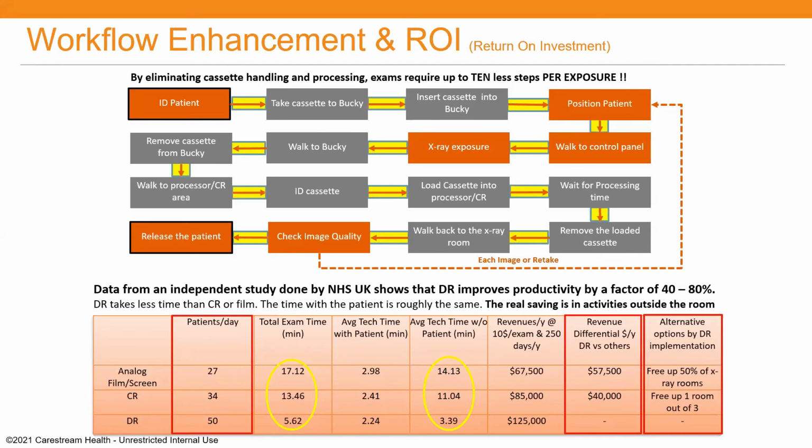Even if you want to be more conservative and invest on the CR side, you see from the difference here of 85,000 versus 67,500 that you have a benefit of $17,500 that you can make in 1 year minimum. So this also pays for itself, the transition from analog to CR. So this is one possibility, to increase the number of patients.